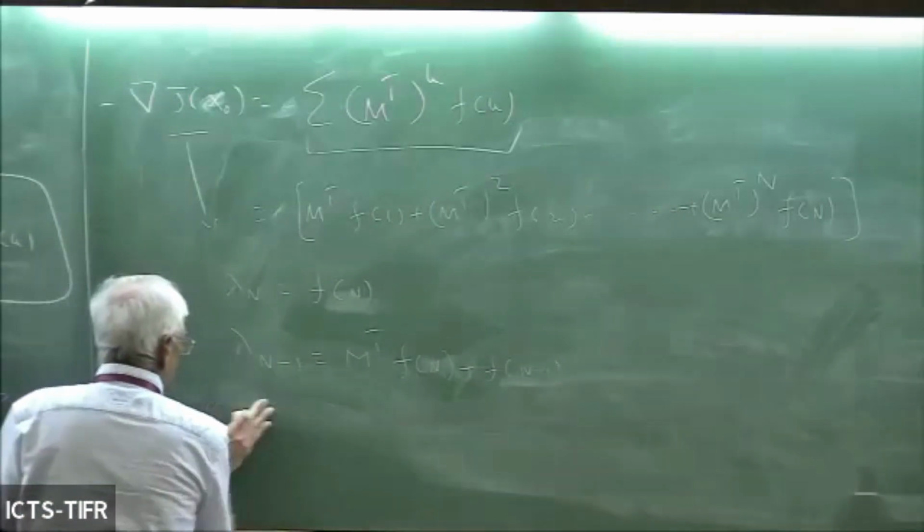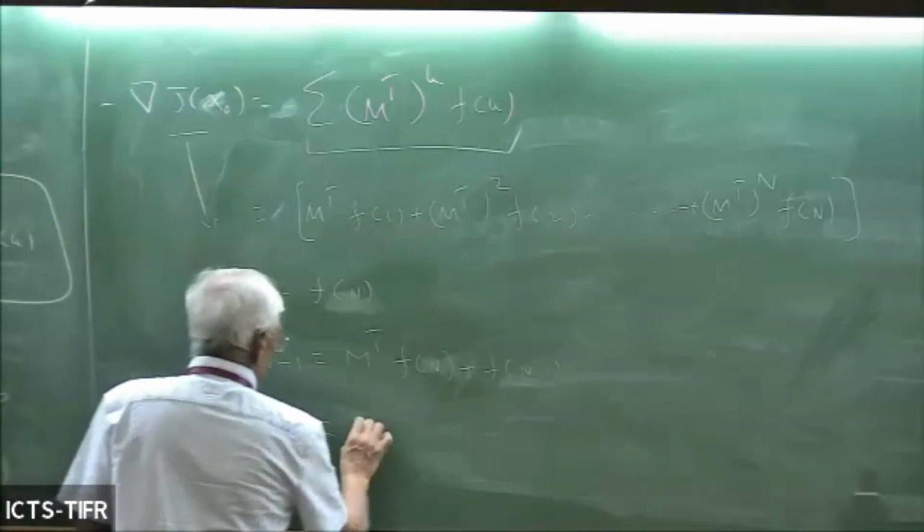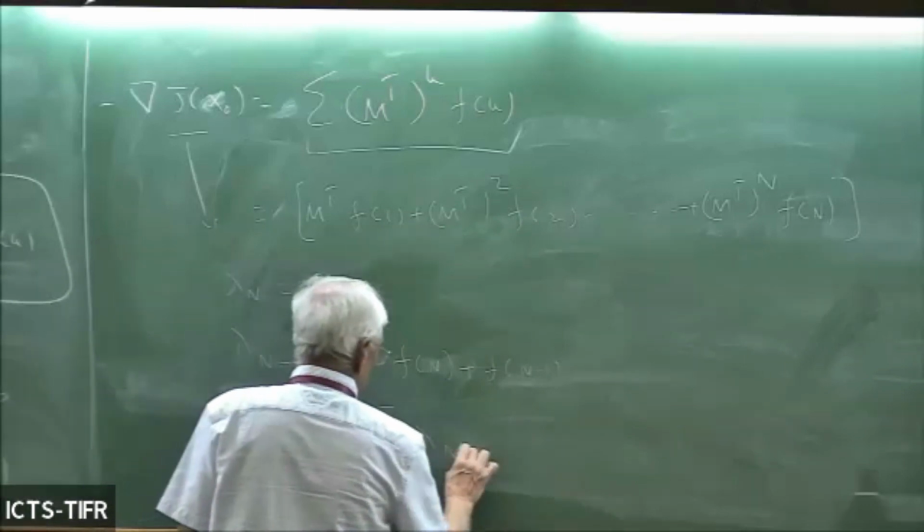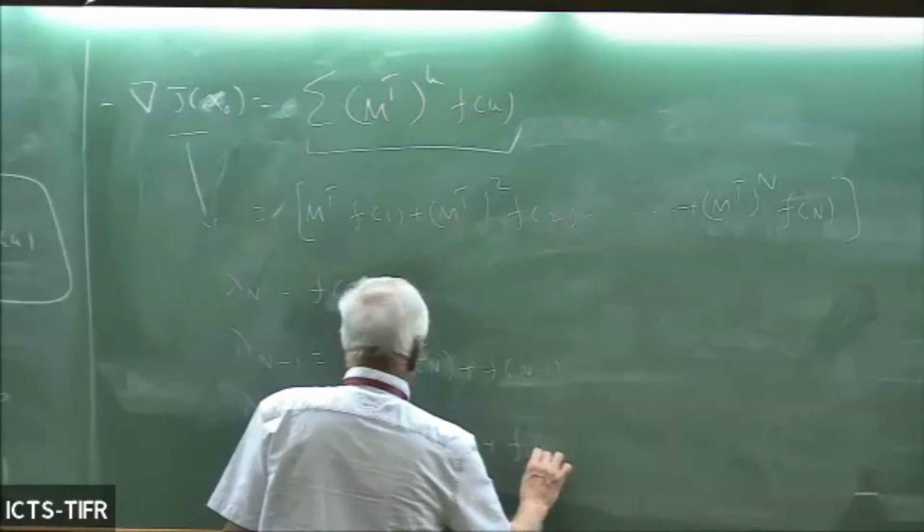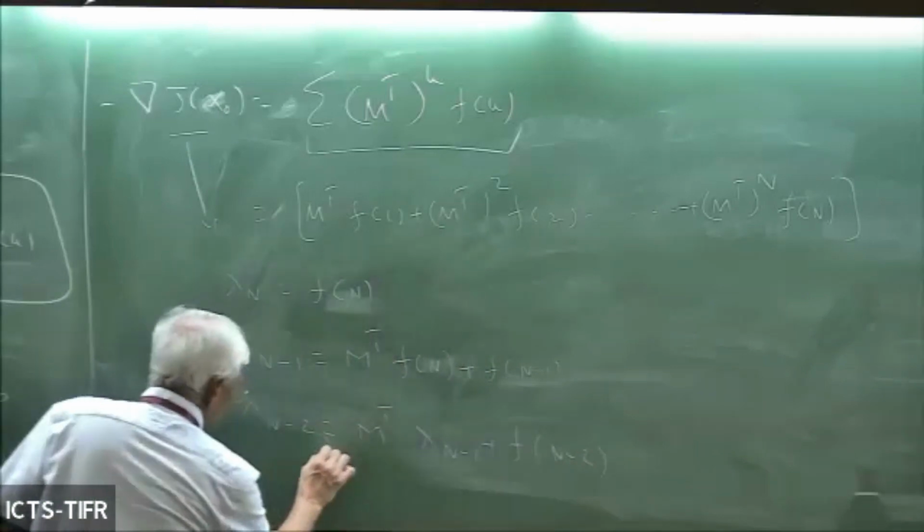Then lambda n minus 2 is equal to m transpose lambda n minus 1 plus f of n minus 2. And continue this way.